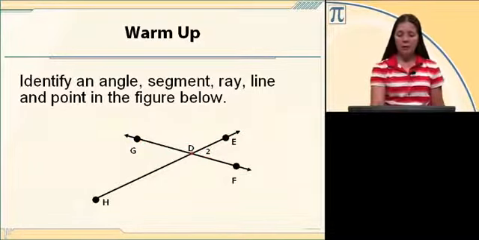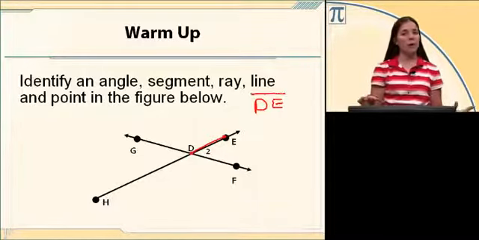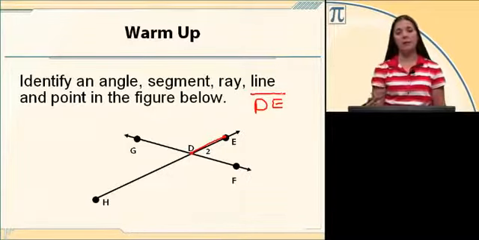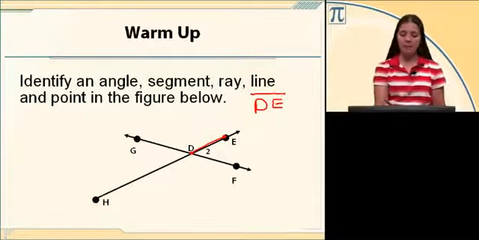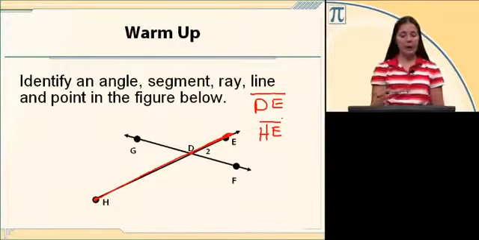Segments, you could start at D and go to E, calling it DE. Put the segment bar over the top, no arrows because a segment has 2 endpoints. The exact same segment is also called segment ED. Order doesn't matter when you are naming segments. If you want a larger segment, we could start at H, go all the way over to E, or you could call it EH.